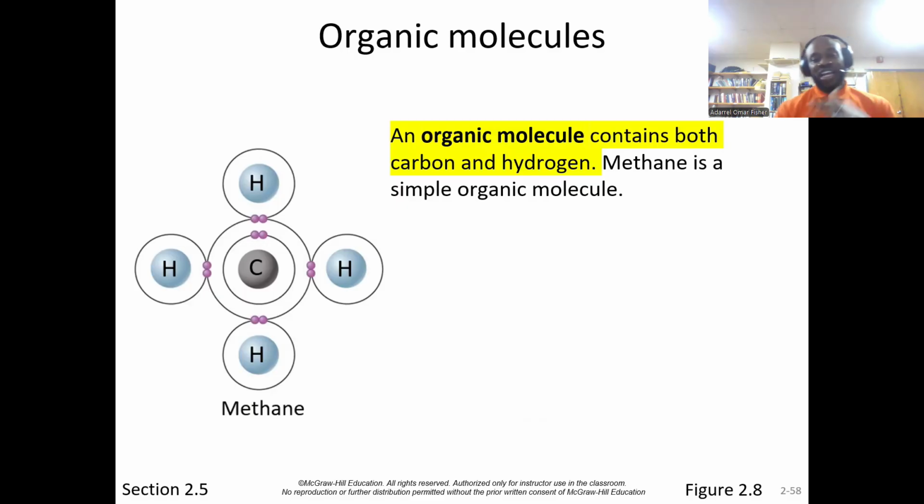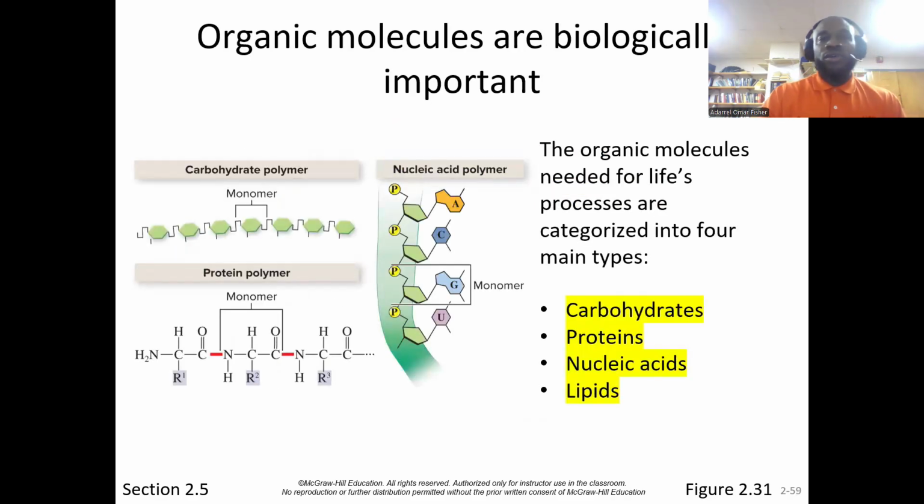Remember that carbon and hydrogen, along with oxygen and nitrogen, are the most common elements found in living beings: in humans, animals, plants. So that's what we deem as organic. Organic molecules are very important, needed for your life processes.